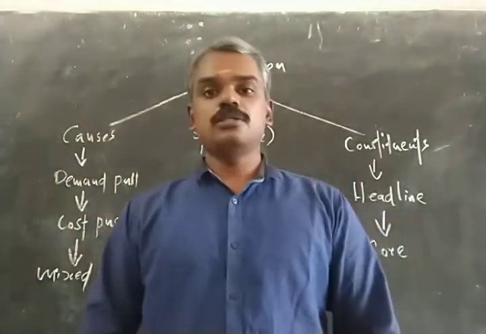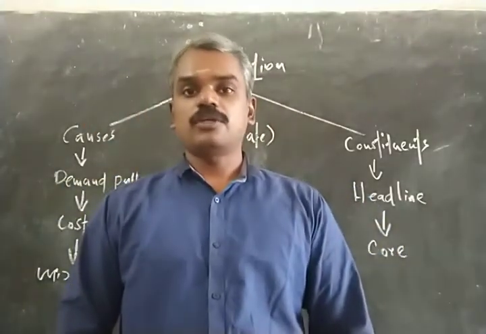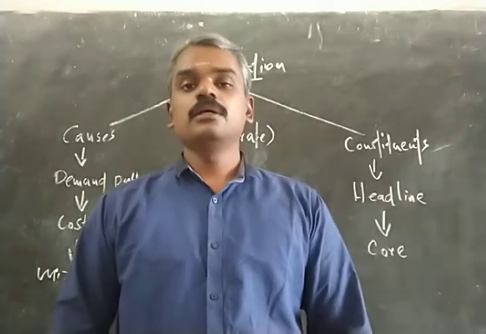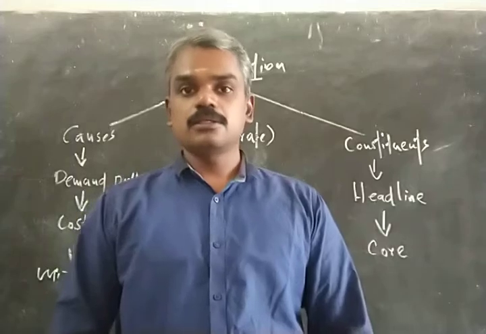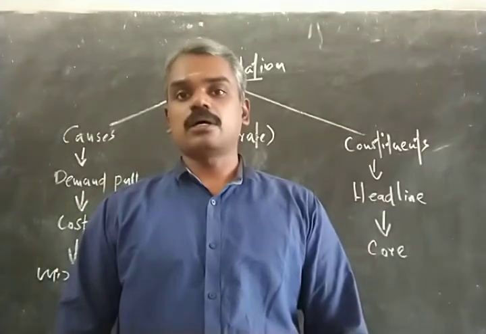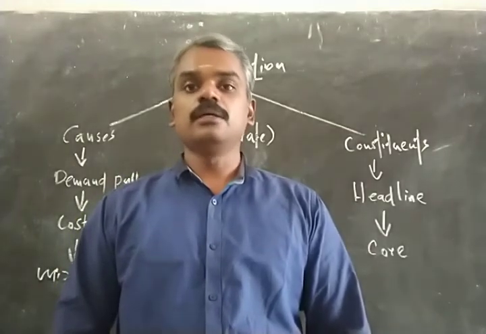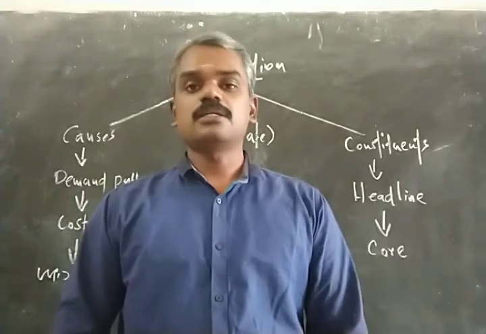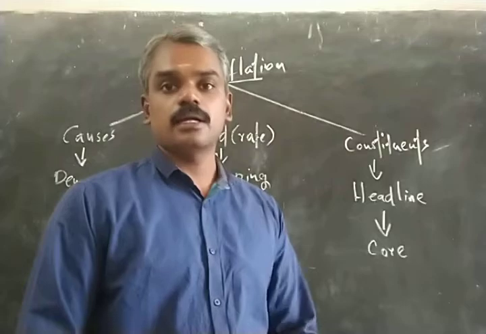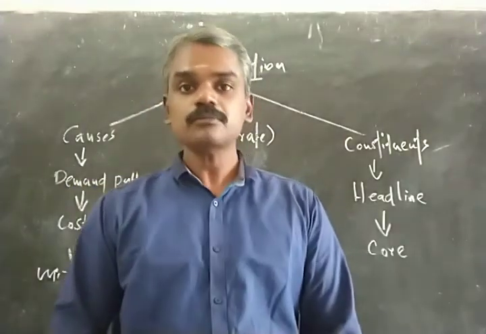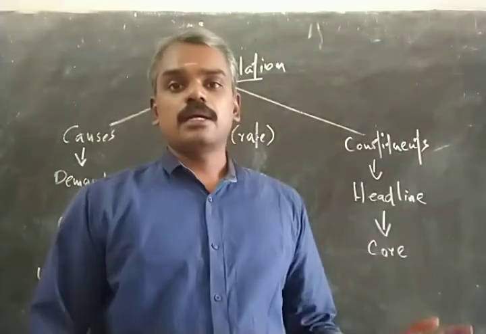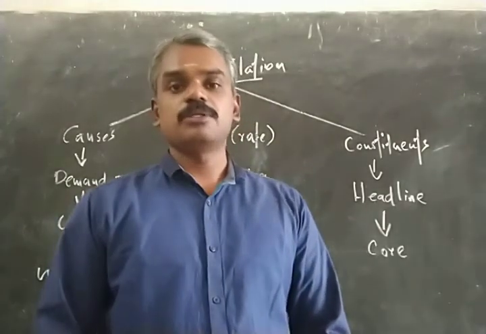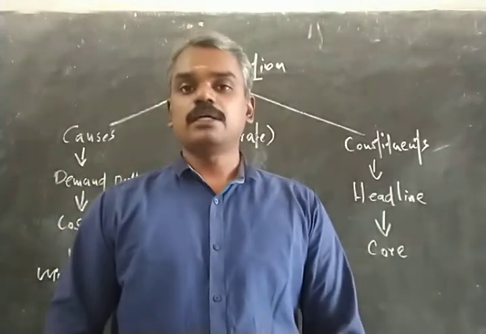So headline inflation is the normal inflation rate, which includes all the commodities that are included in the price index. Okay, so it includes all the major articles of consumption. Consumer price index and wholesale price index come under headline inflation. Okay, so this headline inflation is often subject to volatile movements because of its constituents, especially because of the presence of food and energy.